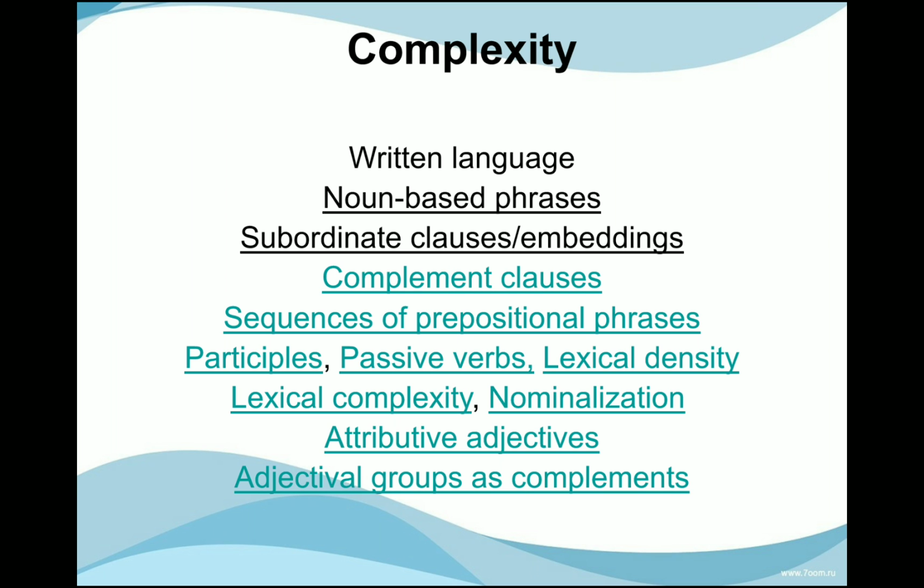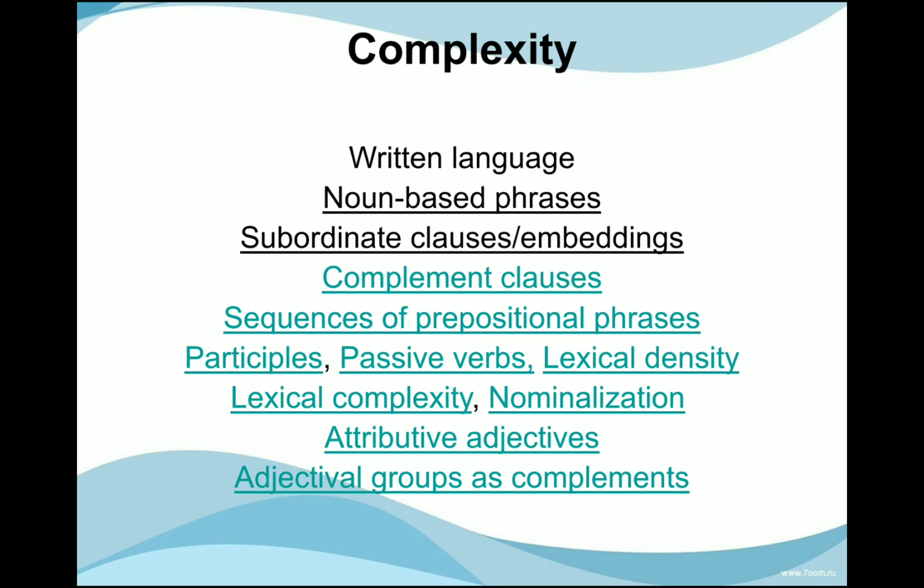Written language is grammatically more complex than spoken language. It has more subordinate clauses, more that-to complement clauses, more long sequences of prepositional phrases, more attributive adjectives, and more passives than spoken language.